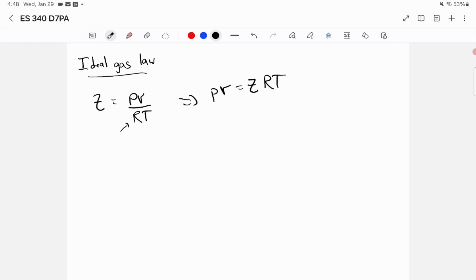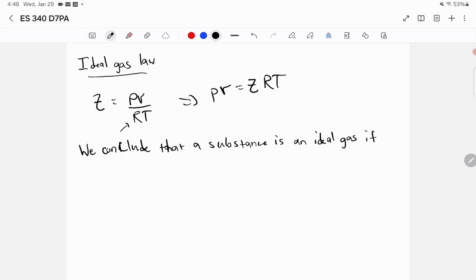Now there's a bunch of different ways, and I'm going to write this in different ways in a moment, but basically we conclude that a substance is an ideal gas if Z is equal to 1.